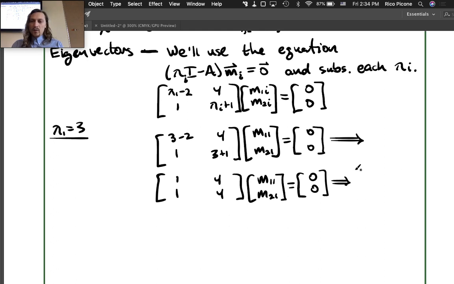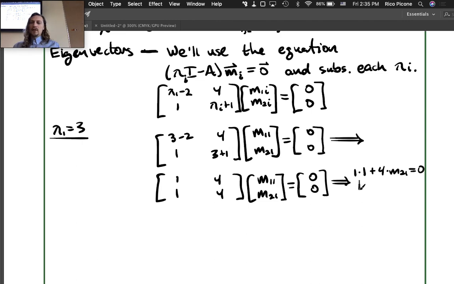So we've got 1 times, well, instead of m11, I'm going to choose something for m11. I'm going to say m11 is just equal to 1. I'm artificially constraining it. We're going to find out what the solution for m21 is when m11 is 1, and then we're going to use some knowledge we have to extrapolate from that solution. So m11 is 1, and then 4 times m21 should be equal to 0.